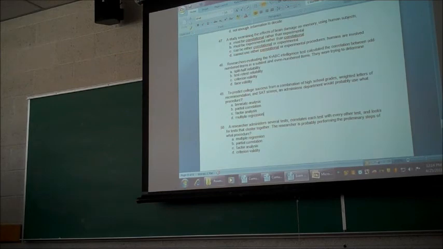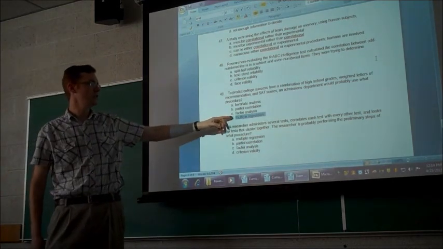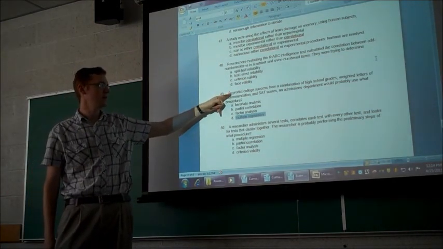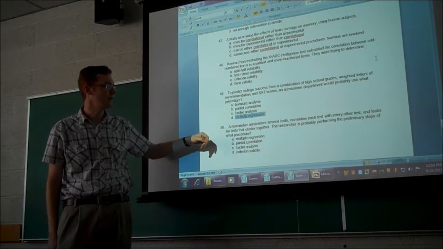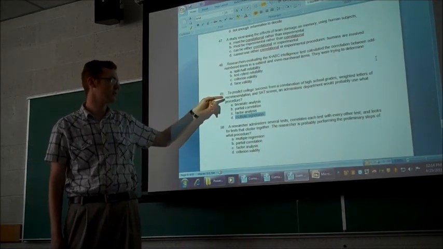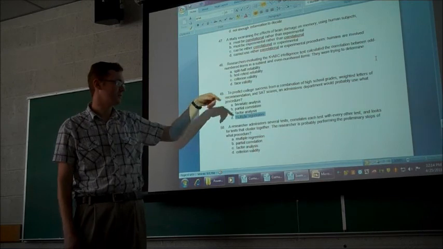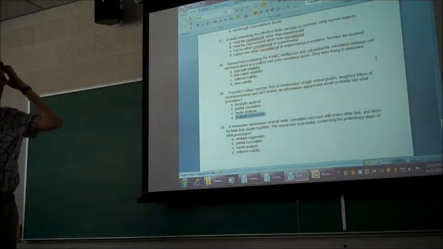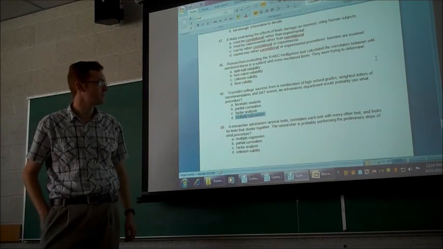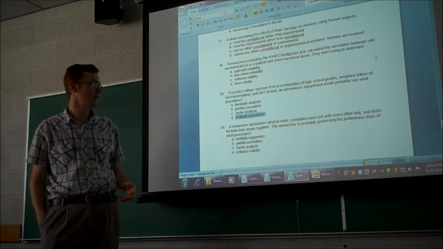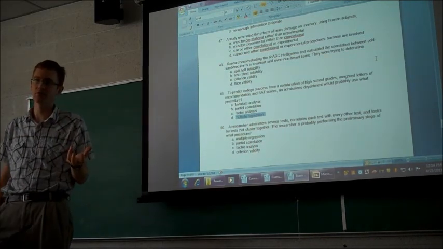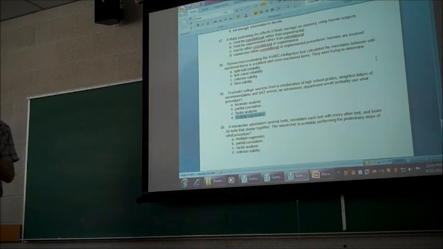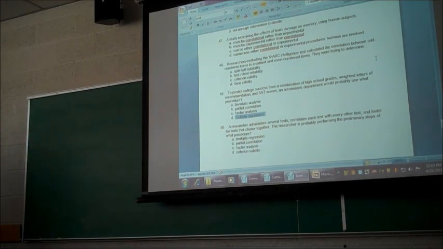And so for that one, the correct answer was multiple regression, because that's just regression using multiple predictors. So you have to know that regression is used to predict for that question. And then you also have to know that multiple regression is just prediction using multiple different types of items. So instead of just trying to predict college success from high school grades, you're looking at high school grades, letters of recommendation, and SAT scores, and putting those all into one big multiple regression equation. And so that's how that was formatted on the previous test anyway, as an example.